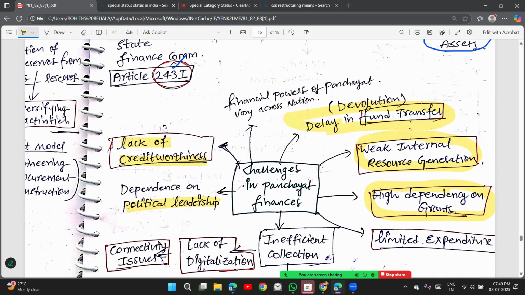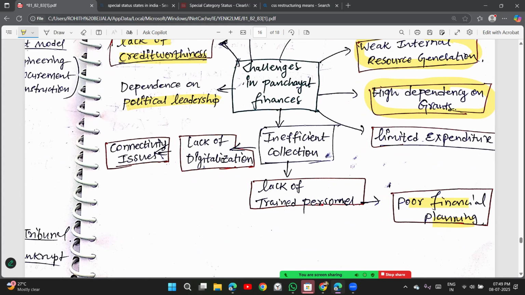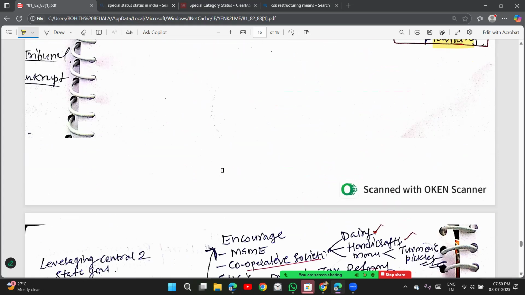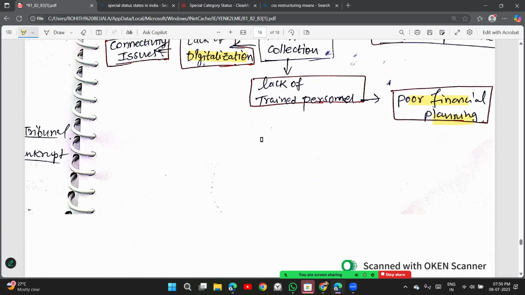The political leaders are also not educated well, so they lack a proper understanding of resource utilization. Also, because of the lack of digitalization, many villages still don't have internet connectivity. Even where there is internet connectivity, there is a problem in the mobile applications.